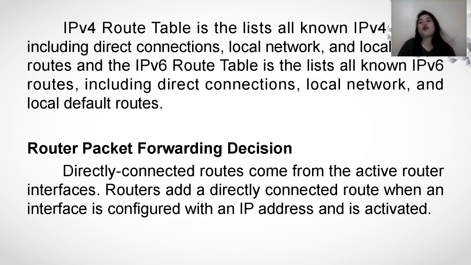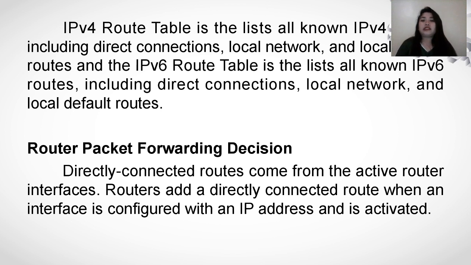Then IPv4 route table is the list of all known IPv4 routes, including direct connections, local network, and local default routes, and the IPv6 route table is the list of all known IPv6 routes, including direct connections, local network, and local default routes.